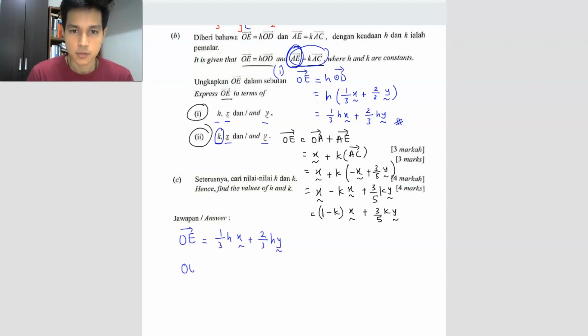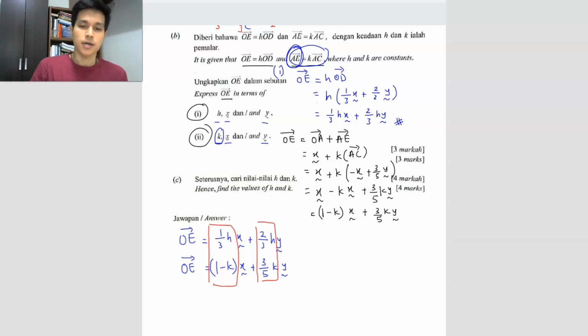The second OE equation is 1 minus k x and 3 over 5 ky. So one is in terms of k, one in terms of h. Because they are equal, the x parts should be equal, and also the y parts should be equal. In other words, if you want to find h and k, it is basically simultaneous equations.